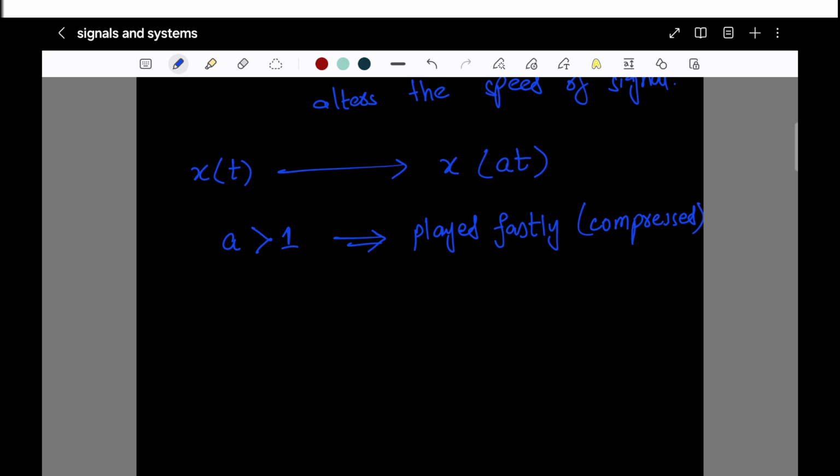You can hear the same sound in less than 1 second. And if a is within the interval 0 to 1, it simply means that the sound is now played slowly, which is like you are stretching the signal.